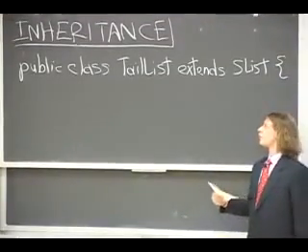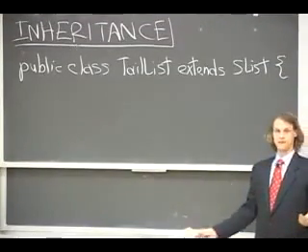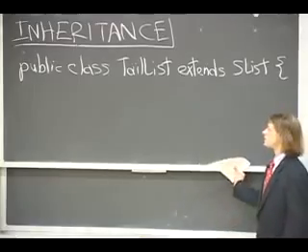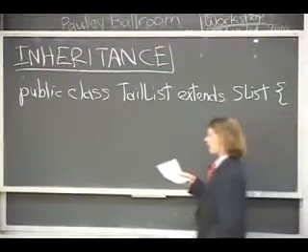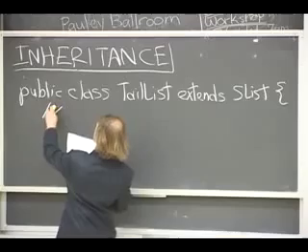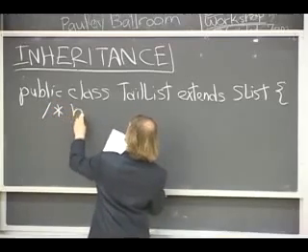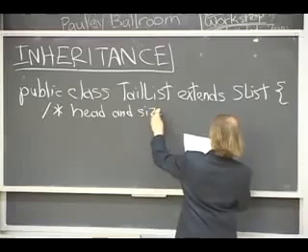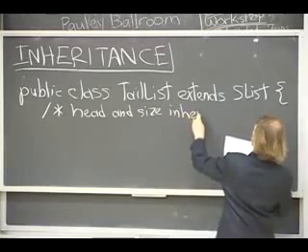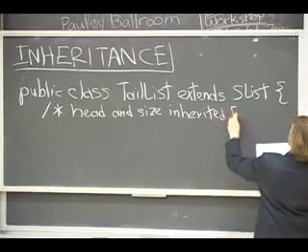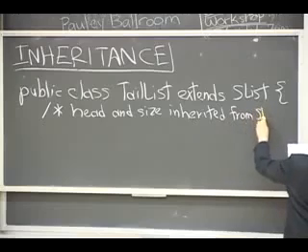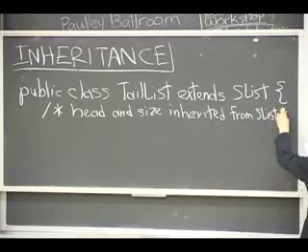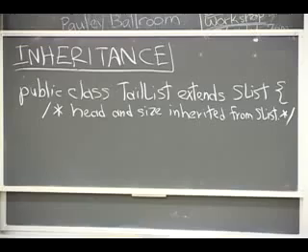What do we inherit? Well, among other things, the fields of the slist class. So when I declare my taillist, I don't have to declare the head and the size fields all over again, because they are inherited. So every taillist already has those two fields declared and ready to use.